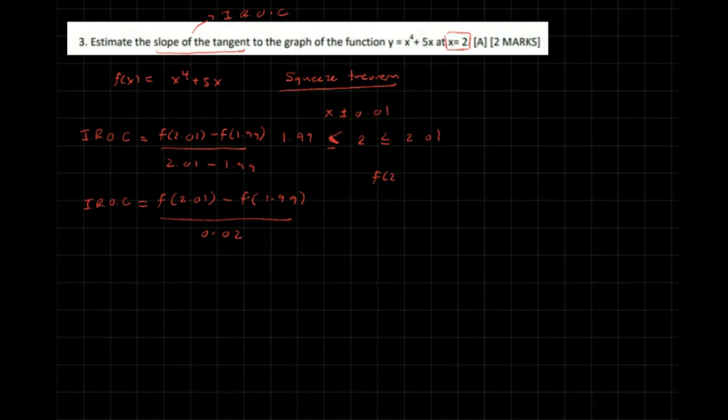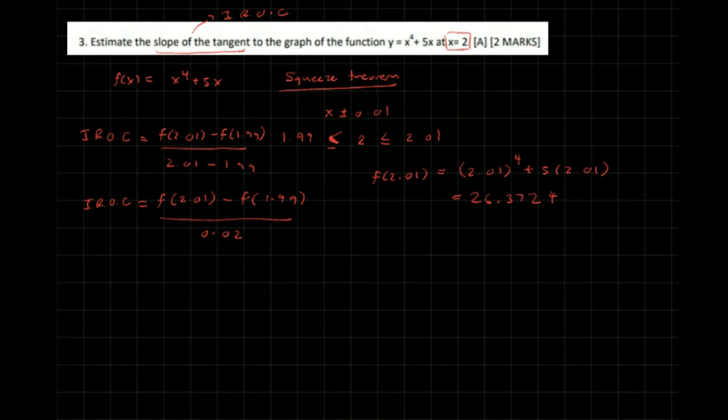So f of 2.01 is equal to 2.01 to the power 4 plus 5 times 2.01. And if you crunch this out, okay, this is going to give me 26.3724.